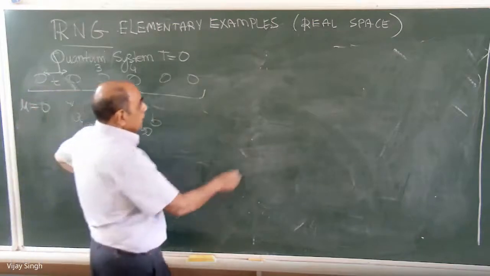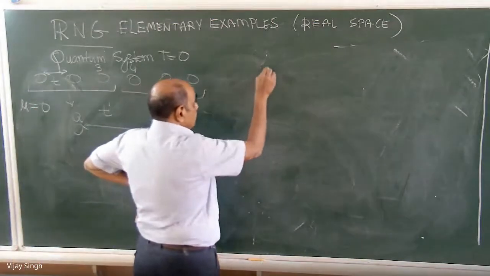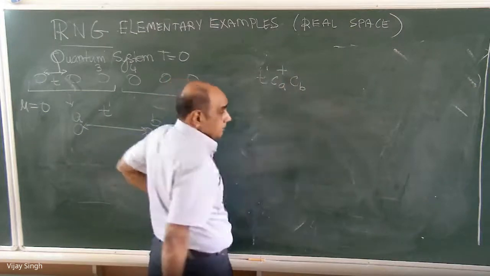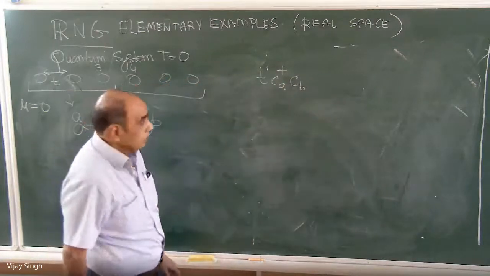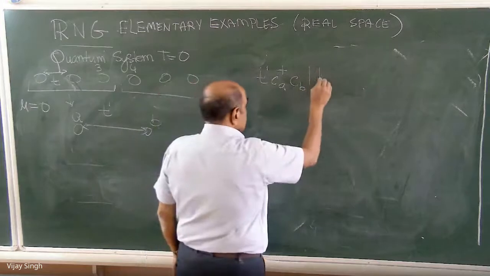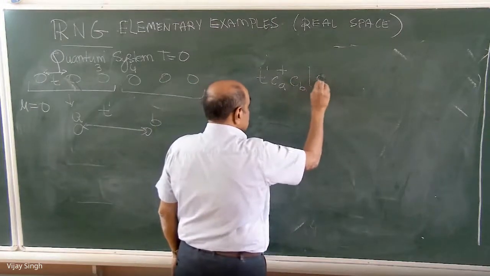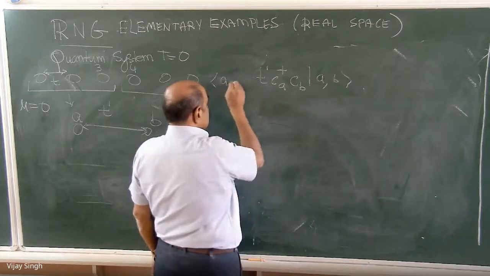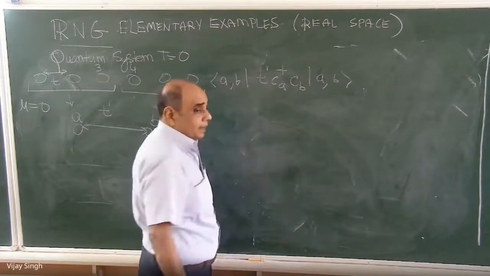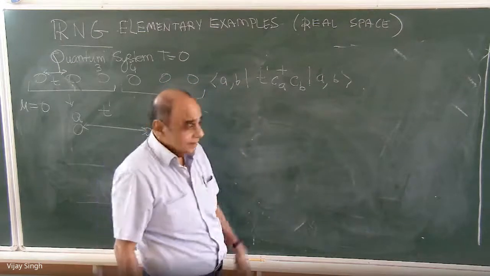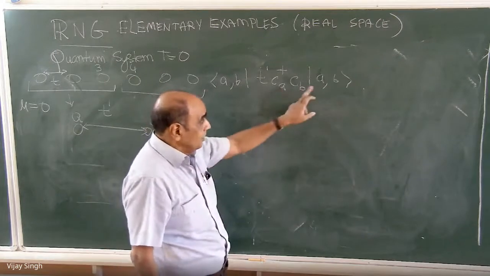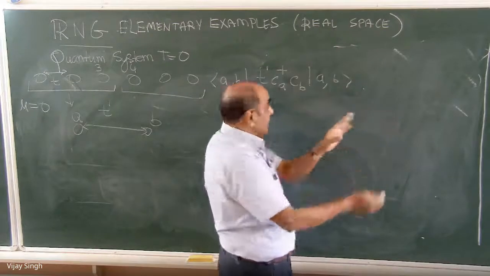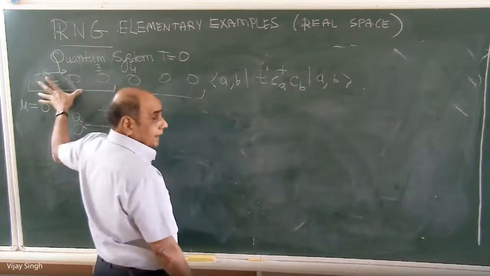And I say, okay, my T prime, CA dagger, CB. Something like this. Okay. CA dagger acting on A and CB on B, because CB is this lattice, and CA is this lattice.